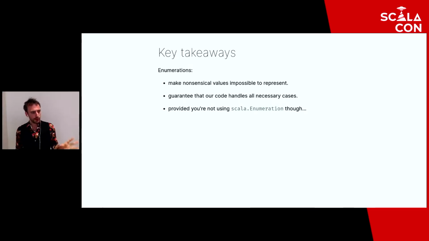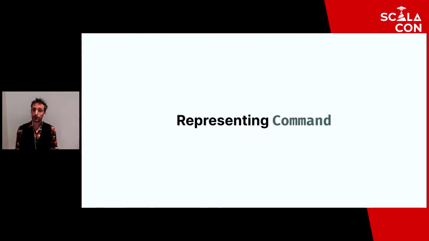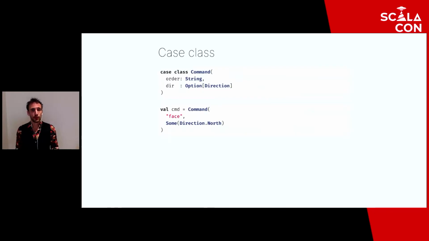Right. We have a model for direction, we have represented these, and now we need to do the commands that we have defined. Now, if you remember, we have face, which takes a direction, start and stop, which don't take a direction. So a naive way of representing our command class would be to use a record, which in Scala we do as a case class.